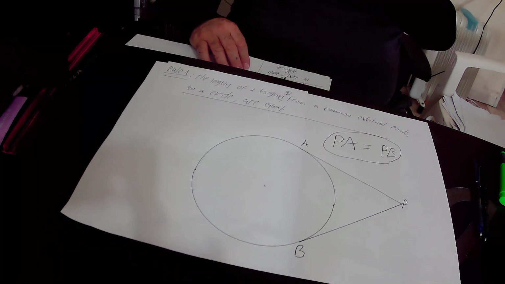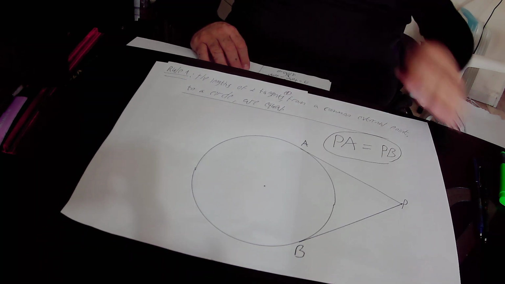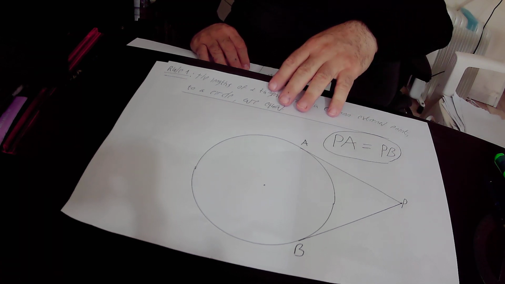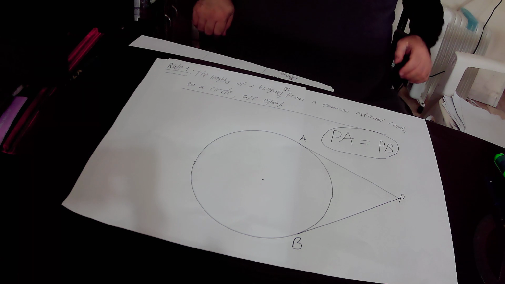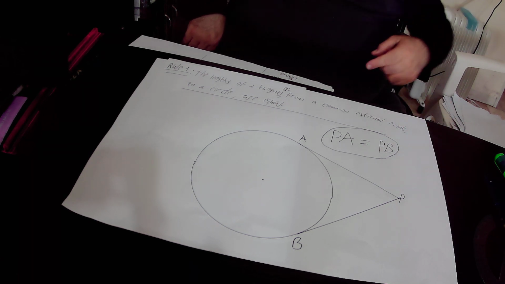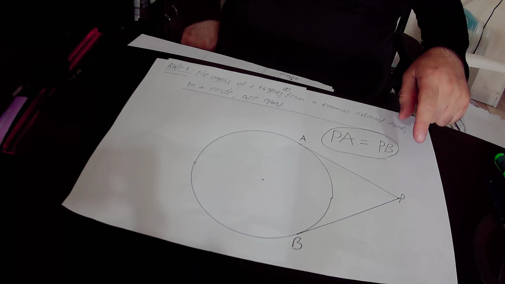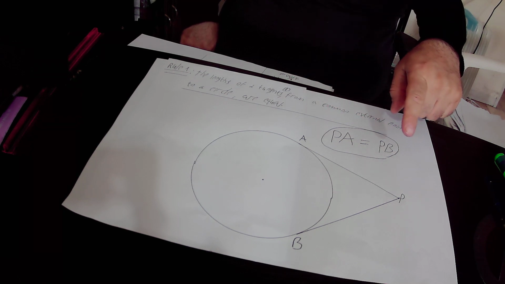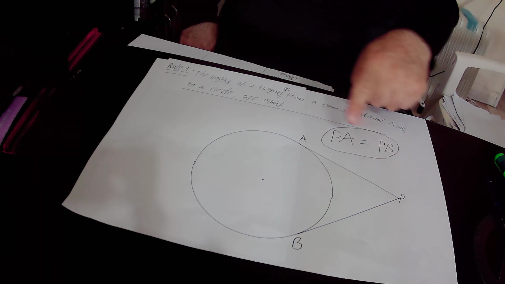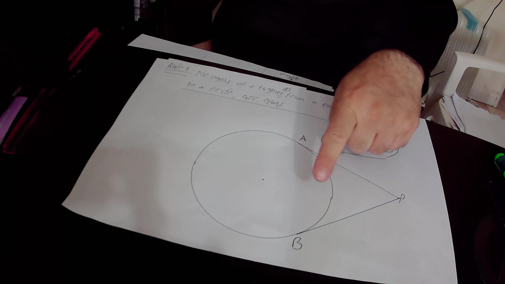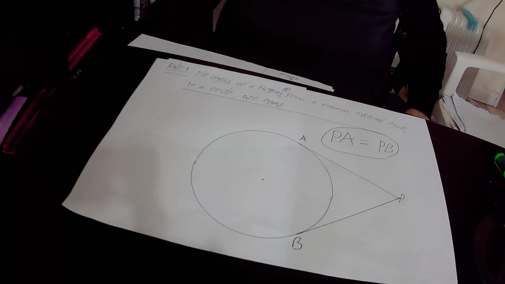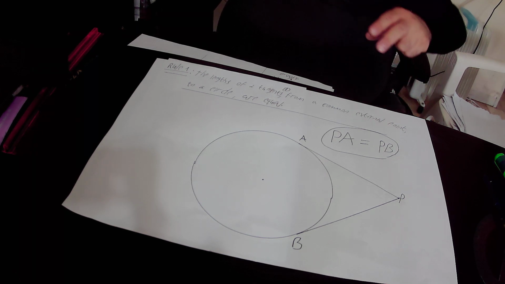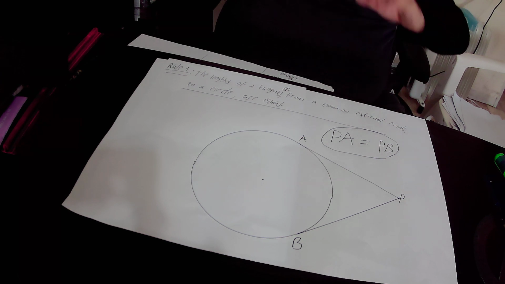So here we have this circle, and from the common external point P, we drew two tangents to this circle. The first tangent is tangent PA, and the second tangent is tangent PB. According to rule number 1, the lengths of two tangents will be equal to each other. That is to say, PA equals PB.